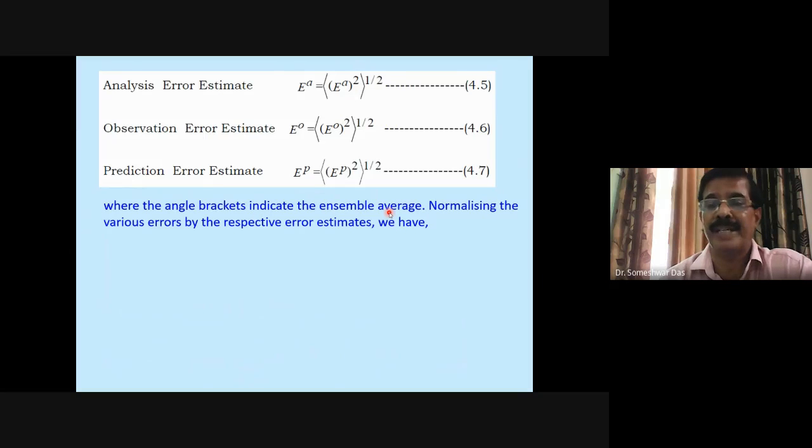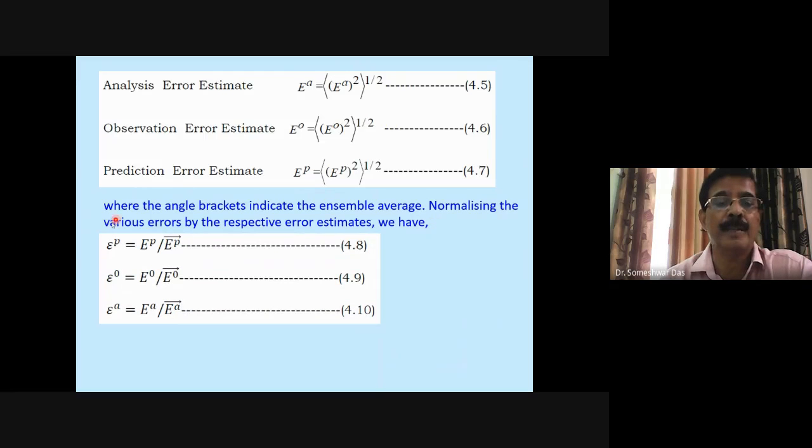Now we normalize. Normalizing the various errors by the respective error estimates, we get the normalized error for the prediction, epsilon P equal to EP divided by the prediction error estimate, epsilon O equal to EO divided by the observation error estimate, and epsilon A equal to EA divided by the analysis error estimate.